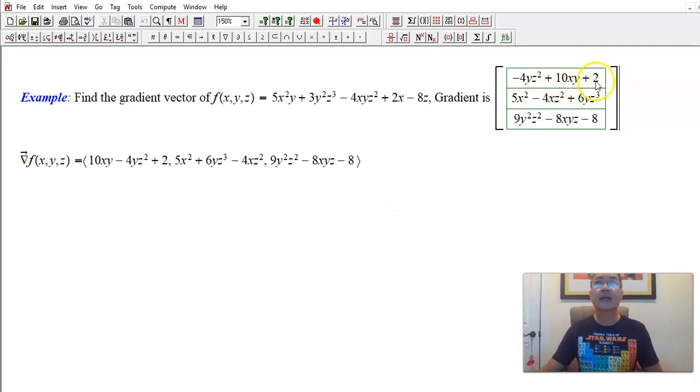This 10xy, 2, that's the x component, 5x squared, 6yz cubed, minus 4xz squared, 9y squared z squared, minus 8xy. All right, everything is good. Okay, so that is the gradient vector of our scalar function.